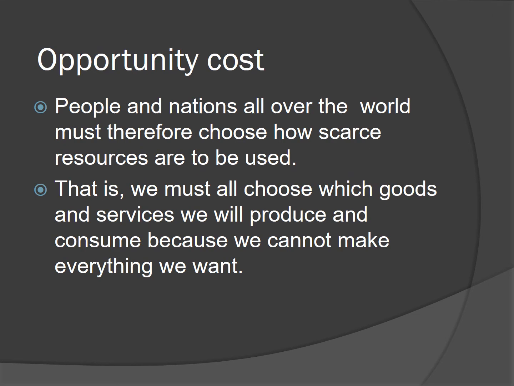People and nations all over the world must therefore choose how scarce resources are to be used. That is, we must all choose which goods and services we will produce and consume, because we cannot make everything we want.